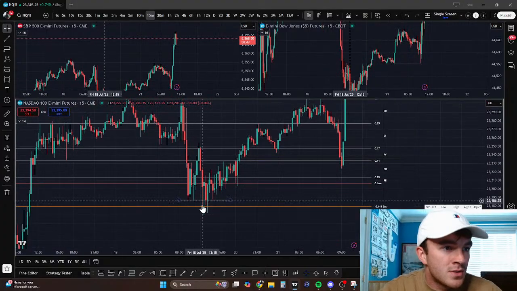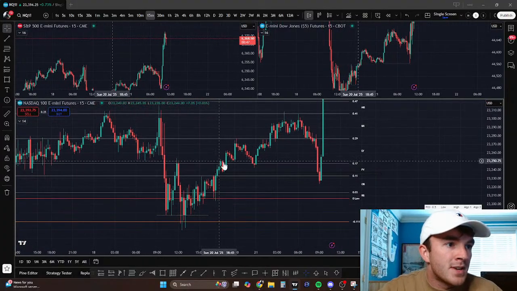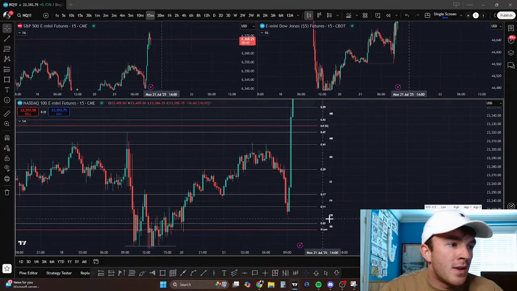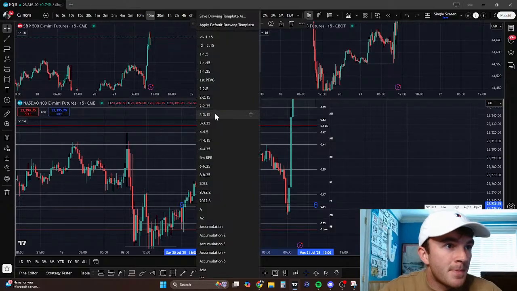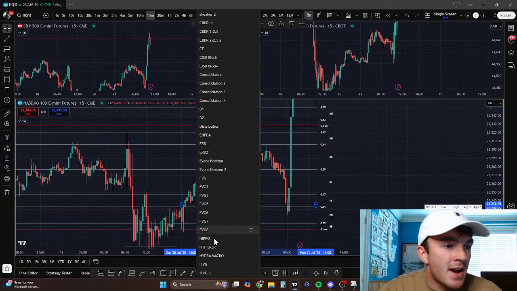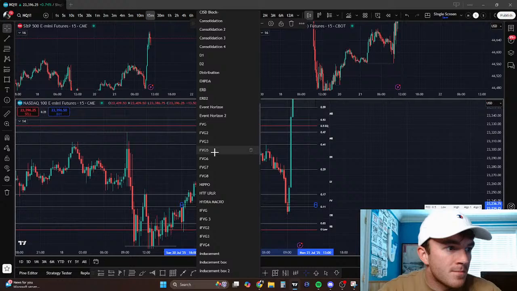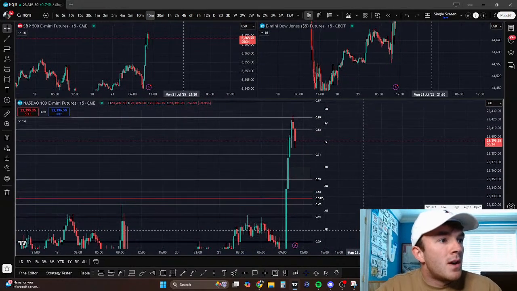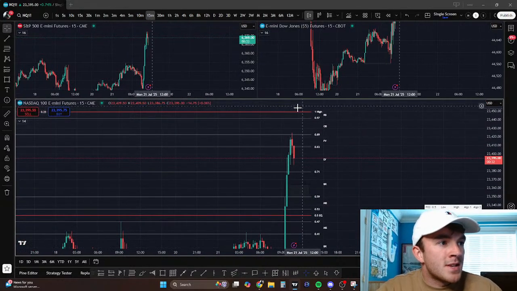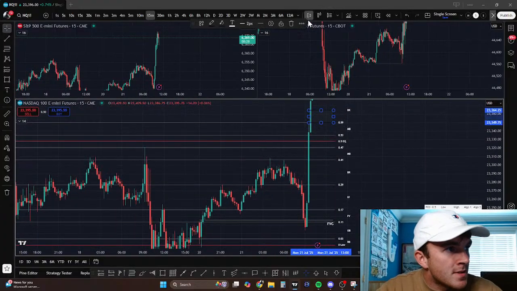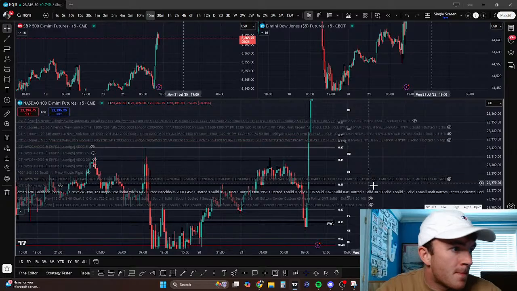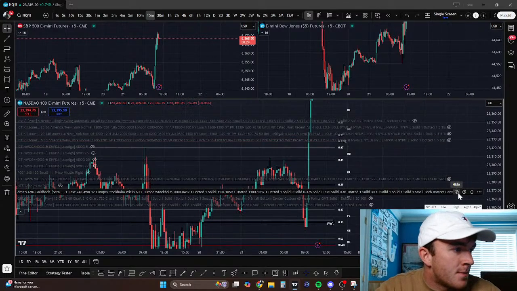So low, sweep liquidity, break structure, and now fair value gap forms within the fair value gap zone. And so now we got the other side of the dealing range in sight, right? So, very cool. Very cool.